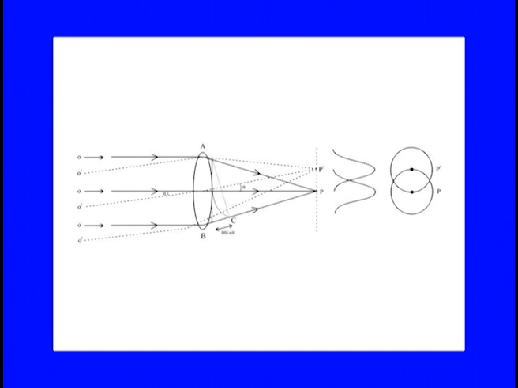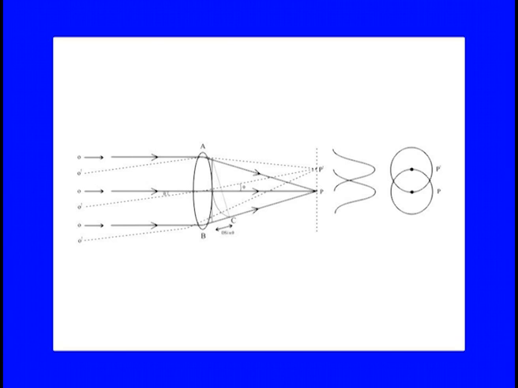Under this condition, the angle subtended by two-point objects at the objective is taken as the measure of resolving power of the telescope. Actually, resolving power is inverse of this angle.